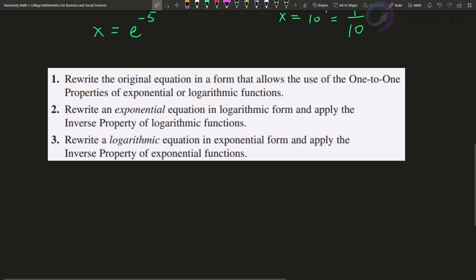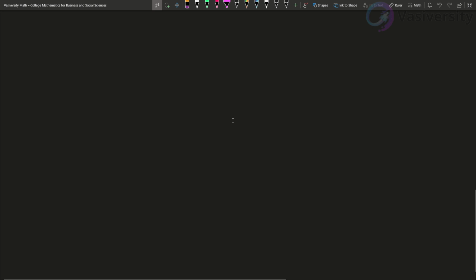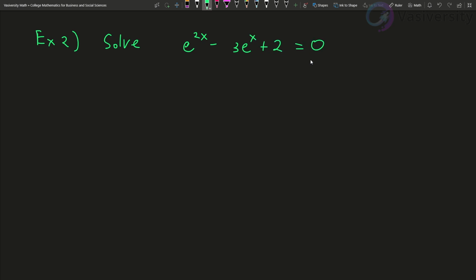Okay, now let's take a look at a more complicated equation. I'm going to give example 2. We can have something, we want to solve e to the 2x minus 3e to the x plus 2 is equal to 0.